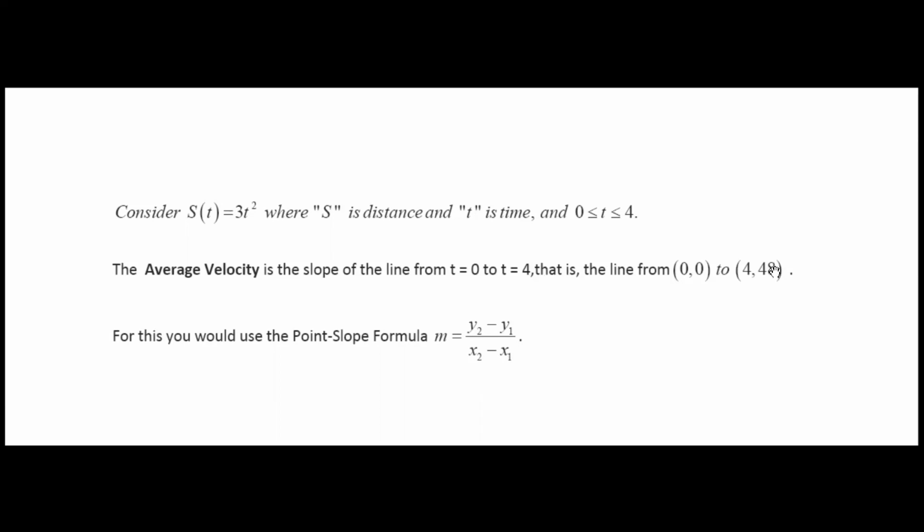And so the slope of that line is called the average velocity. In this case, it'll be 48 minus 0 divided by 4 minus 0, which is, of course, 48 over 4, or 12. So that's the average velocity.